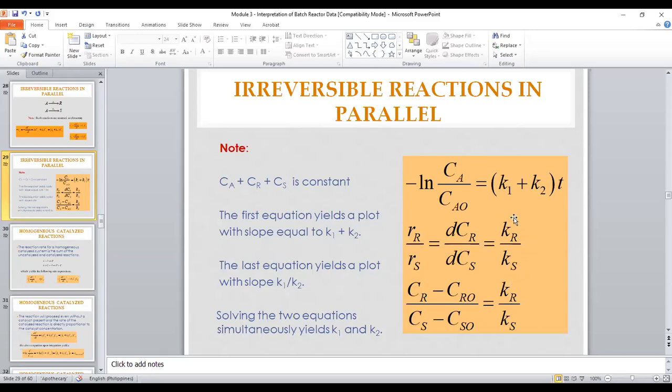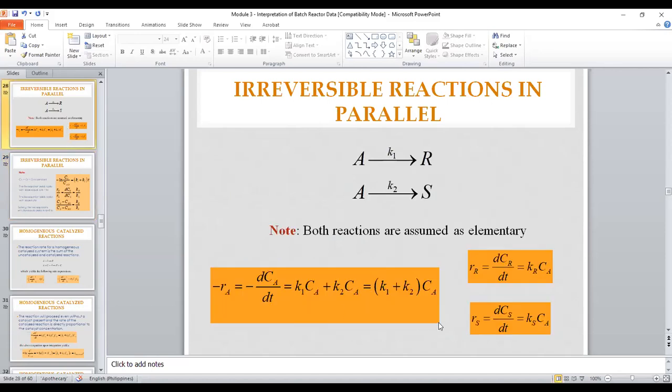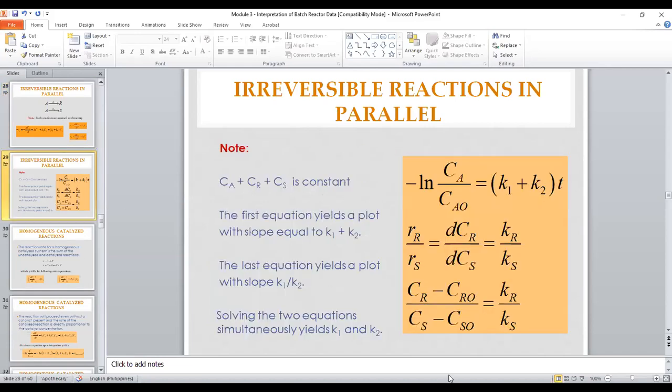The K sub R and the K sub S is just equal to K sub 1 over K sub 2, because in the first slide, the stoichiometric coefficients of A, R, and S are all 1. So if we take the ratio of these two, this will be the resulting equation. Your K sub R and your K sub S is also K sub 1 over K sub 2.